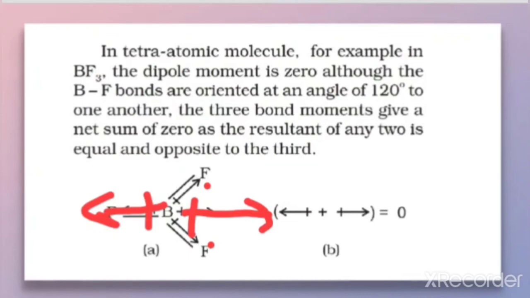So that will cancel each other. So the vector sum of these will be equal to 0, and the dipole moment for this molecule, BF3, is also equal to 0.